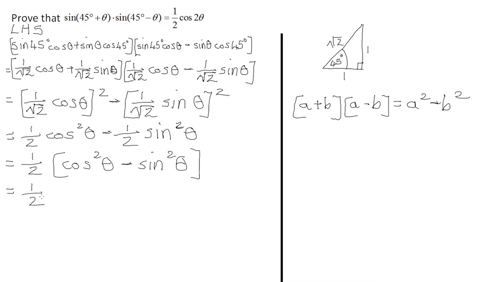And what is cos squared theta minus sine squared theta? Don't need to dream about it. You go to your formula sheet, you look at formula number 14, and then you will see there cos squared theta minus sine squared theta is exactly equal to cos 2 theta. Therefore, left hand side is equal to right hand side.